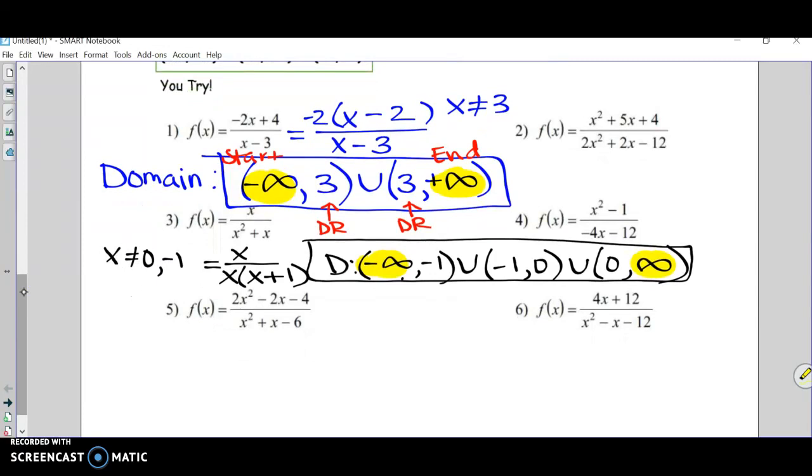Let's do 1 more and then we'll stop the domain, okay? We'll do number 5 because I got a lot of space with number 5, so I like it. So y'all go ahead and factor number 5. I'll get you started on the numerator.